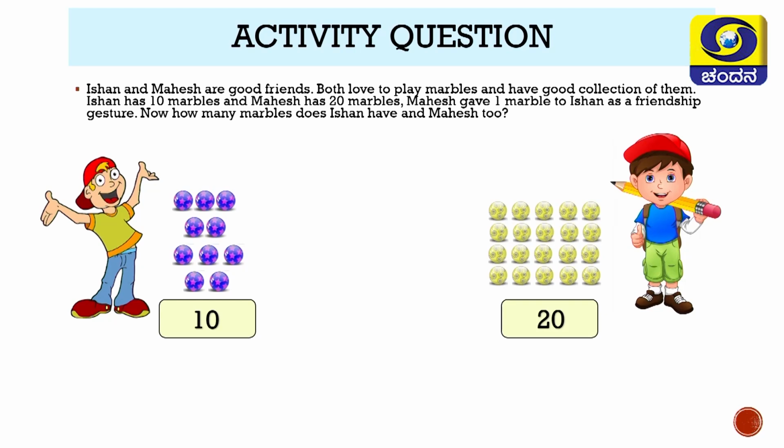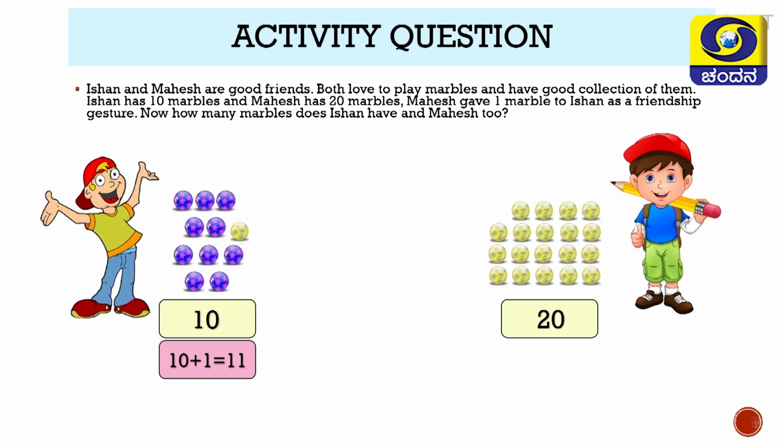After that, as a friendship gesture, Mahesh gave one marble to Ishan. Now we need to find how many marbles Ishan and Mahesh have. So what will be Ishan's marble collection now? It will be 10 plus 1 is equal to 11.